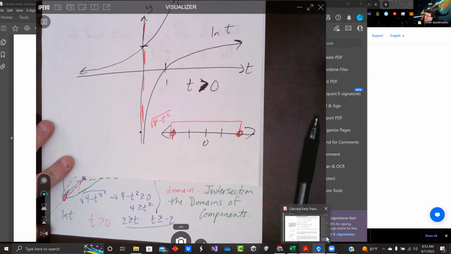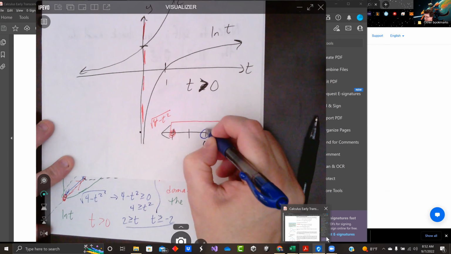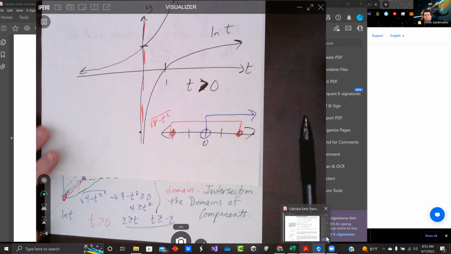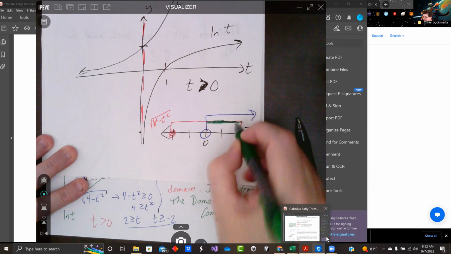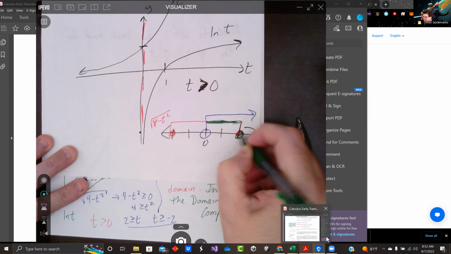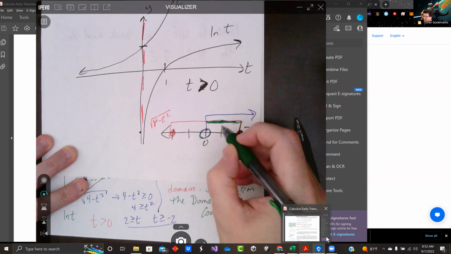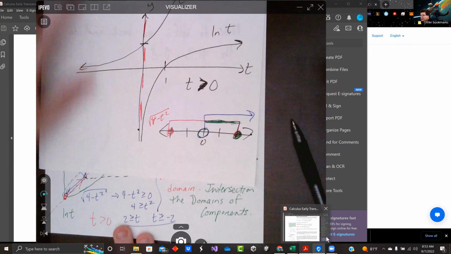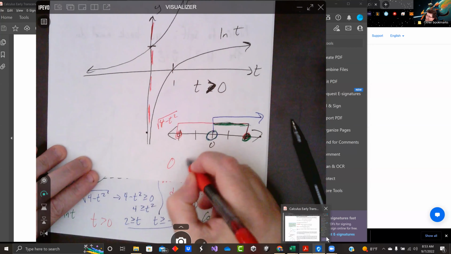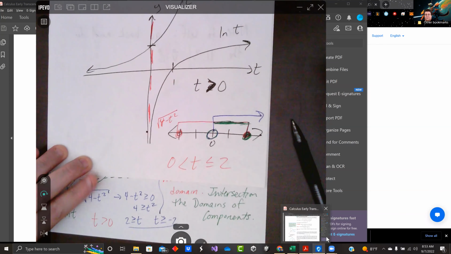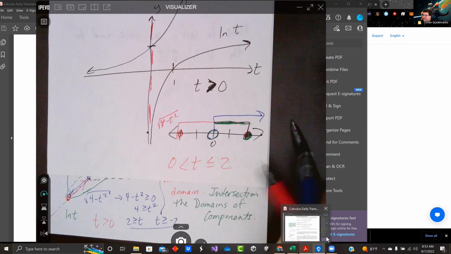And our natural log gives us a hollow point at 0, and it's strictly greater than. So the region of intersection is right here. We can't include 0. The only spots we could sketch this on is for t, 0 is less than t, less than or equal to 2. Those are the only values where that vector is real.